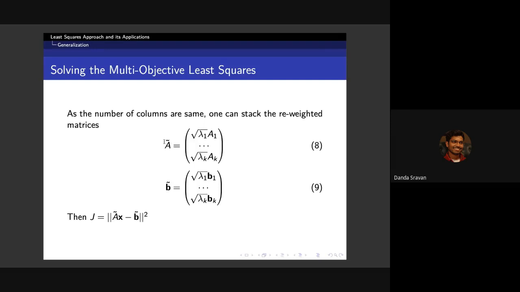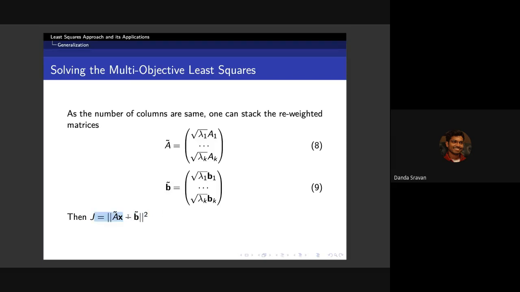If I call A tilde the stacked matrix obtained by this, and similarly B tilde the stacked matrix obtained from these, then the cost function can be written in this form. You can verify this at home; it should be fairly straightforward.